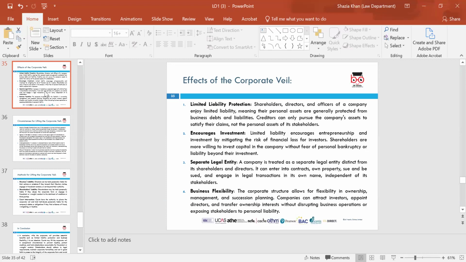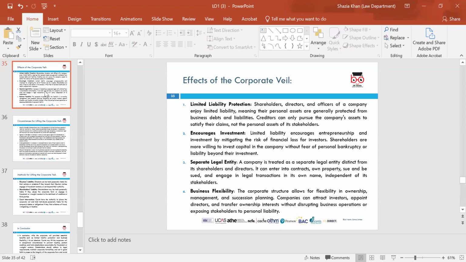Encourages investment. Limited liability encourages entrepreneurship and investment by mitigating the risk of financial loss for investors. Shareholders are more willing to invest capital in the company without the fear of personal bankruptcy or liability beyond their investment.